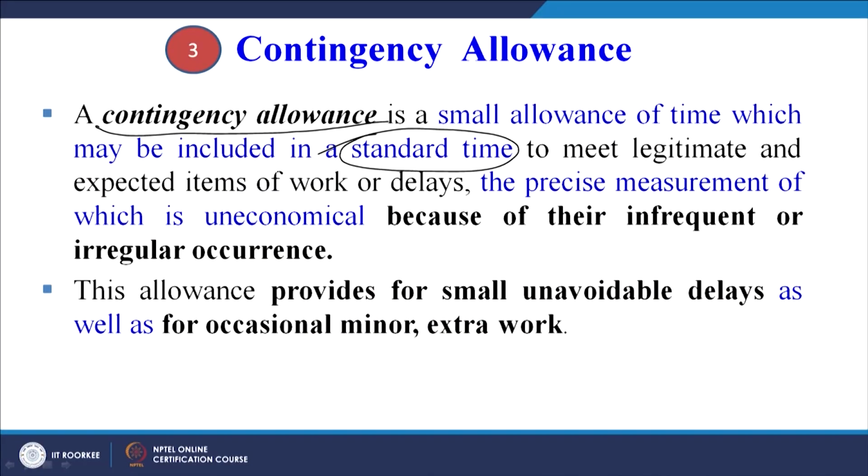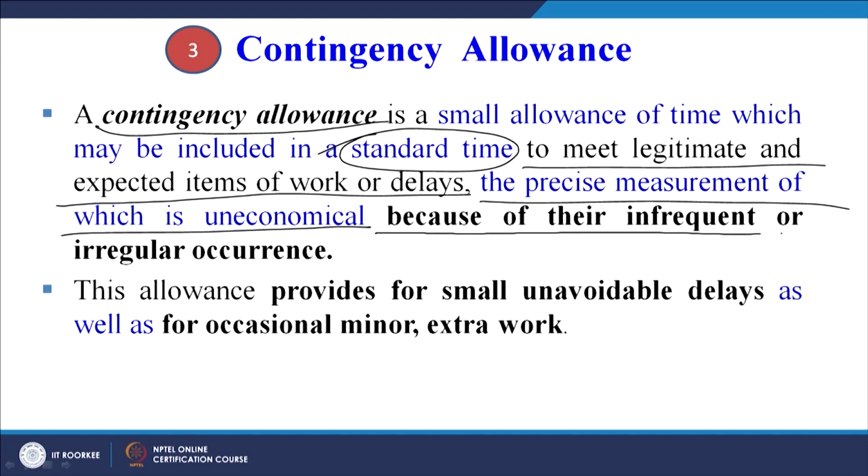A contingency allowance is a small allowance of time which may be included in the standard time. So this is another allowance which is included in the standard time. Why? To meet legitimate and expected items of work or delays, the precise measurement of which is uneconomical because of their infrequent or irregular occurrences.